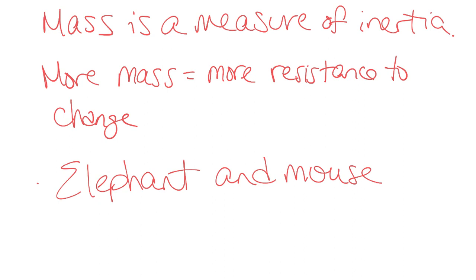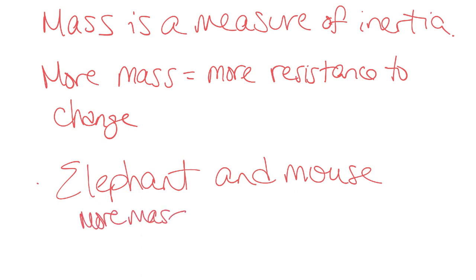Okay, let's back up for a second. What about the elephant? The elephant is running at you. What can you do? You would try to move out of the way because elephants are bigger. So elephants have more mass.